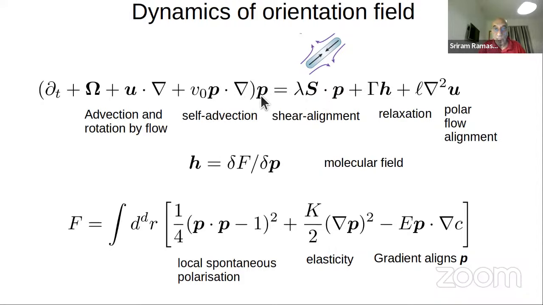Supposing I have an orientation field P. If the fluid is locally moving, the fluid will carry that orientation, U dot grad P. That's one part of the story. Secondly, if that fluid has a local vorticity, that will turn the orientation P. That's this term; this is rotation, and the previous one is advection.